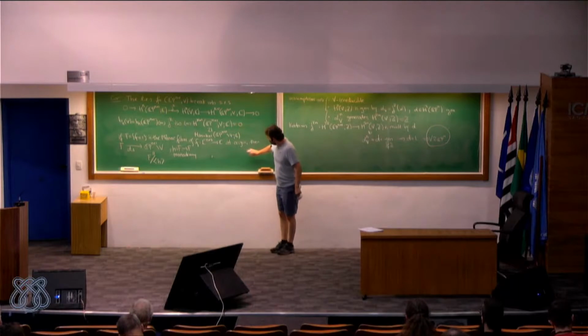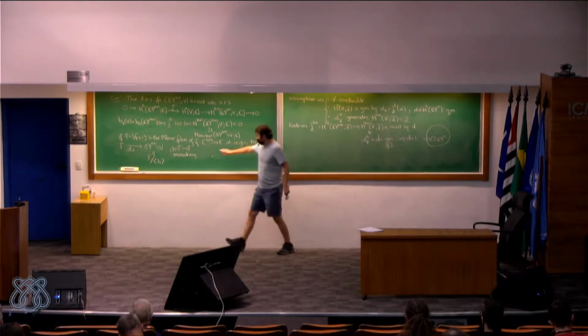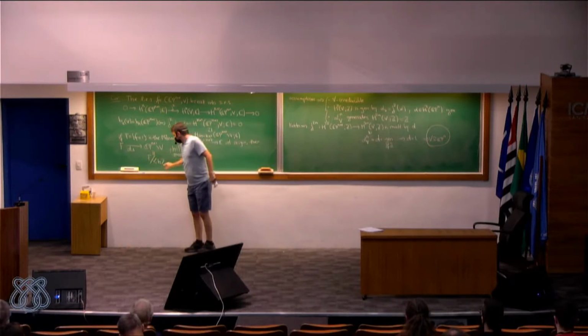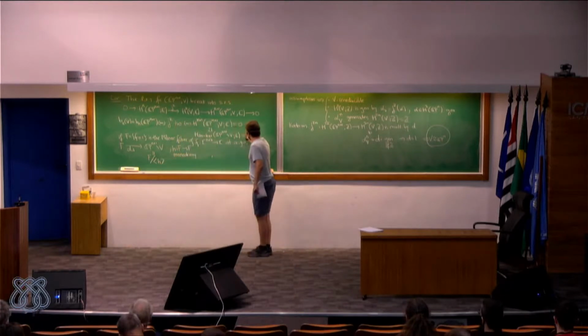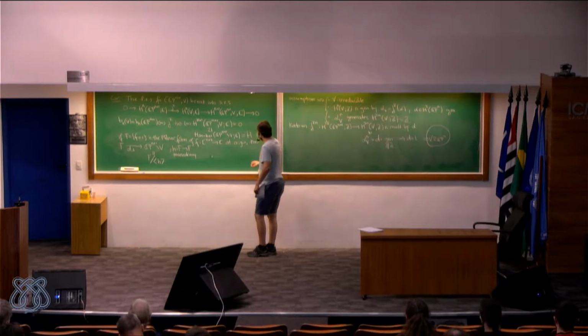So the homology of the complement is just the invariant part of the homology of F under the monodromy homeomorphism. So this is just homology in whatever degree of F invariant under h.